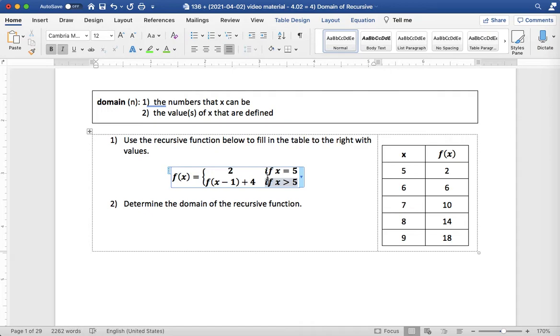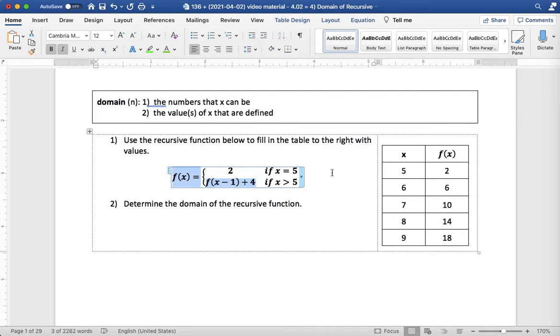But this recursive function is only for when x is equal to 5 and numbers after 5. This technically doesn't define when x is before 5. When x is equal to 5, this is my equation. When x is bigger than 5, this is my equation.